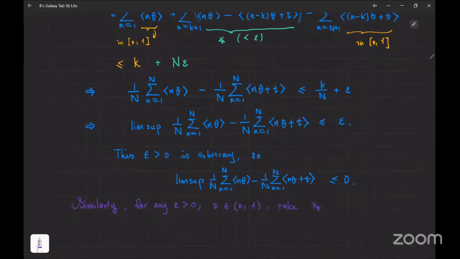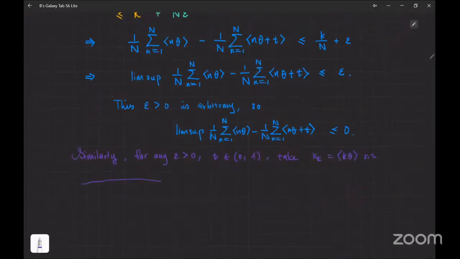Pick xk such that, what we now want, this picture. We have 0, we have 1, we have this is t minus epsilon. Let's now take this here.